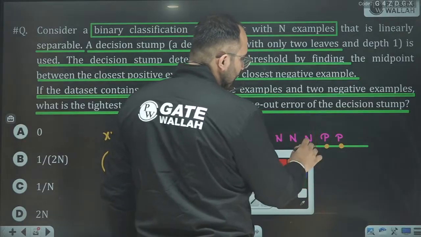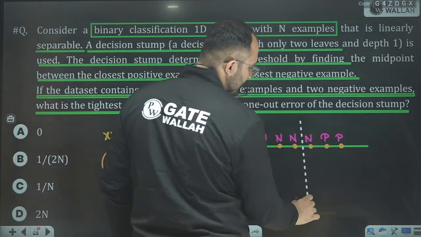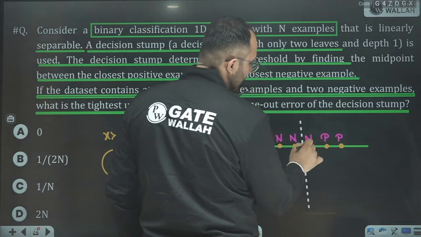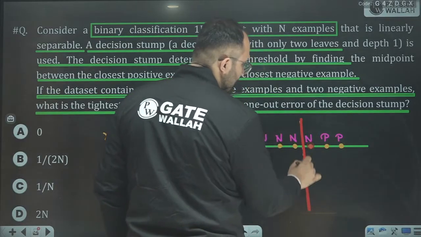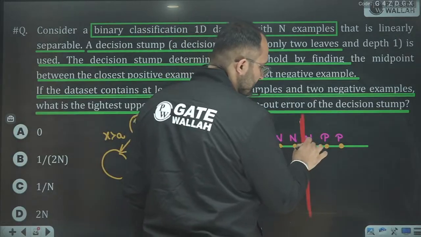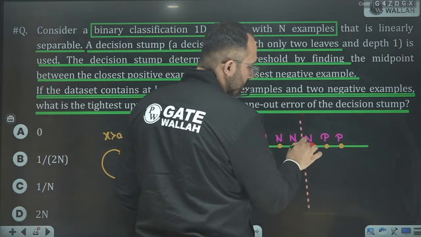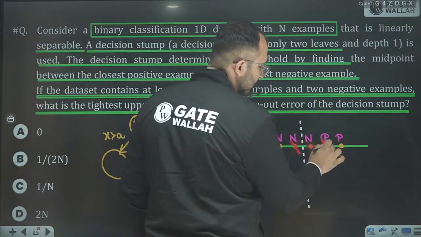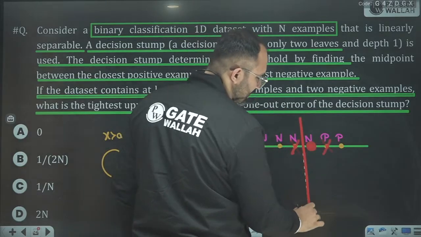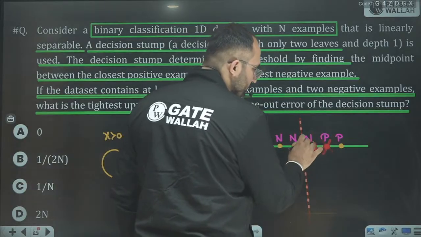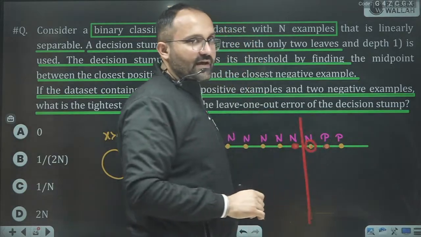If the midpoint is here, suppose this point goes in validation. So the decision will be taken by this and this point. This is the midpoint between this point and this point. This is a threshold. So this may go in error.